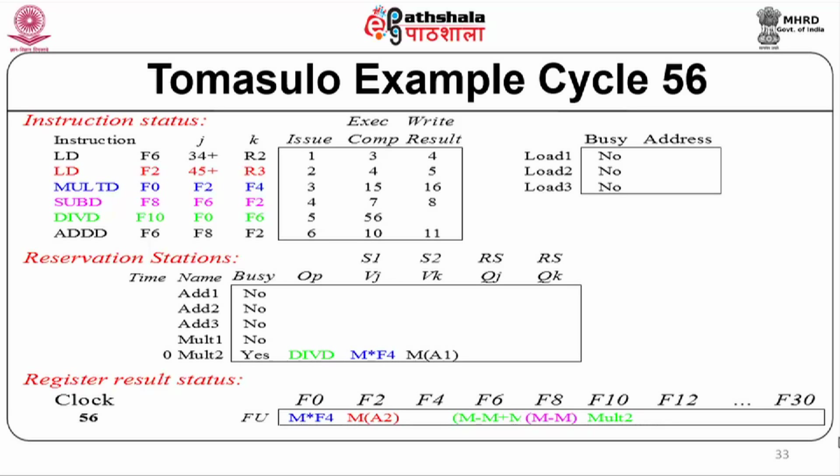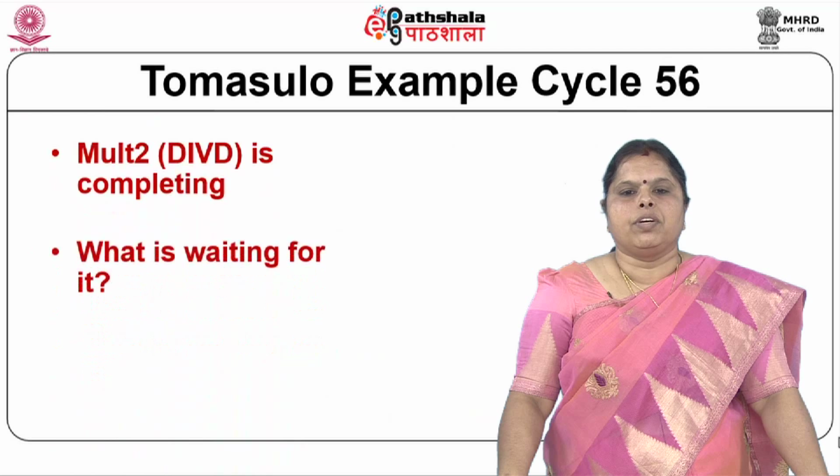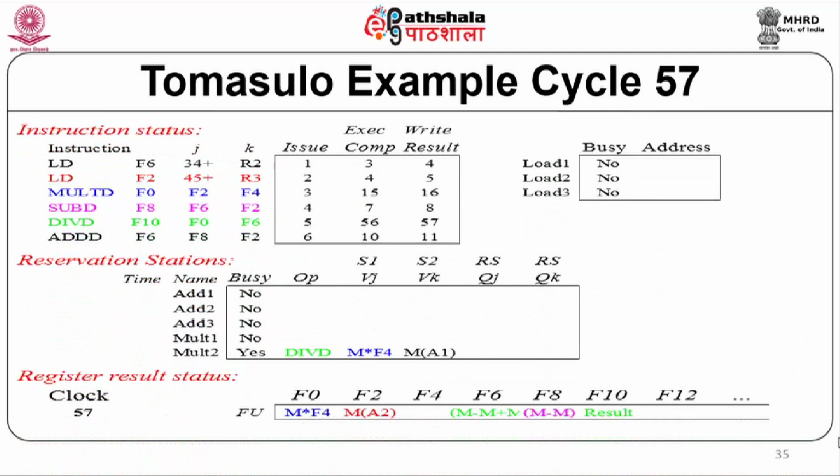Starting from the 17th clock cycle, because mul finishes in the 16th clock cycle, divide starts executing in the 17th clock cycle and remains in execution for 40 clock cycles. In the 57th clock cycle divide finishes execution. So, this is the complete status of all the instructions.